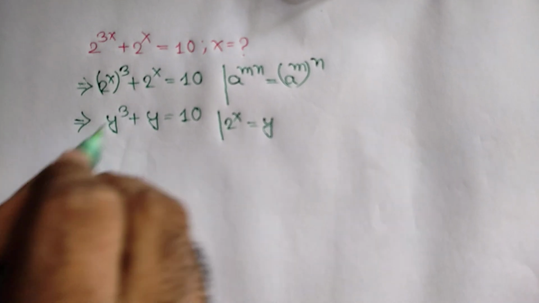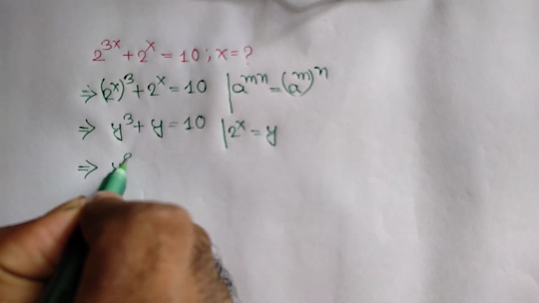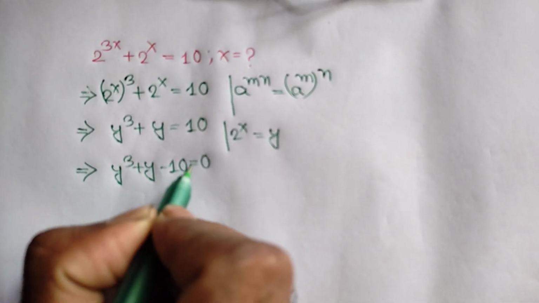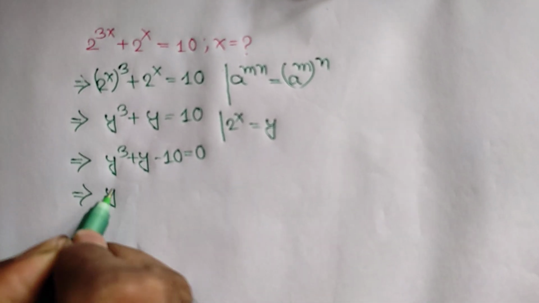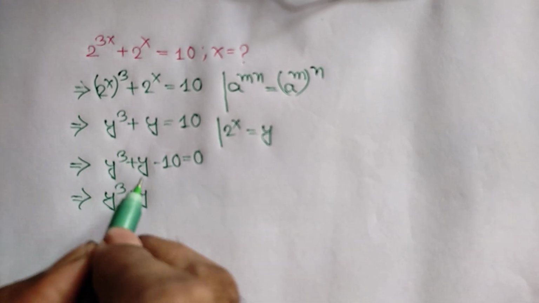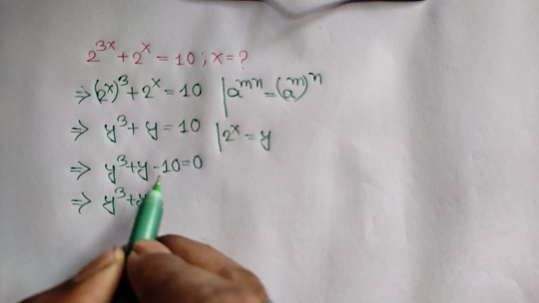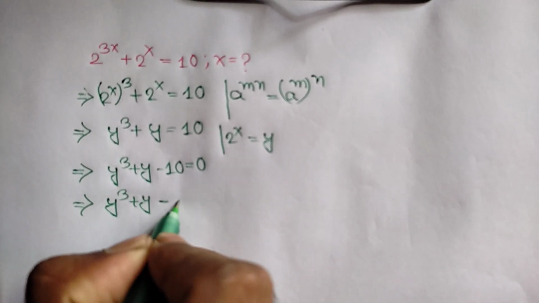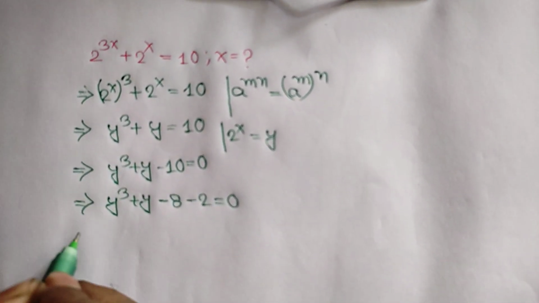Taking this 10 to the left side we get y cube plus y minus 10 is equal to 0. Now pay attention here: the nearest cubic number to 10 is 8, so we can write negative 8 negative 2 is equal to 0.